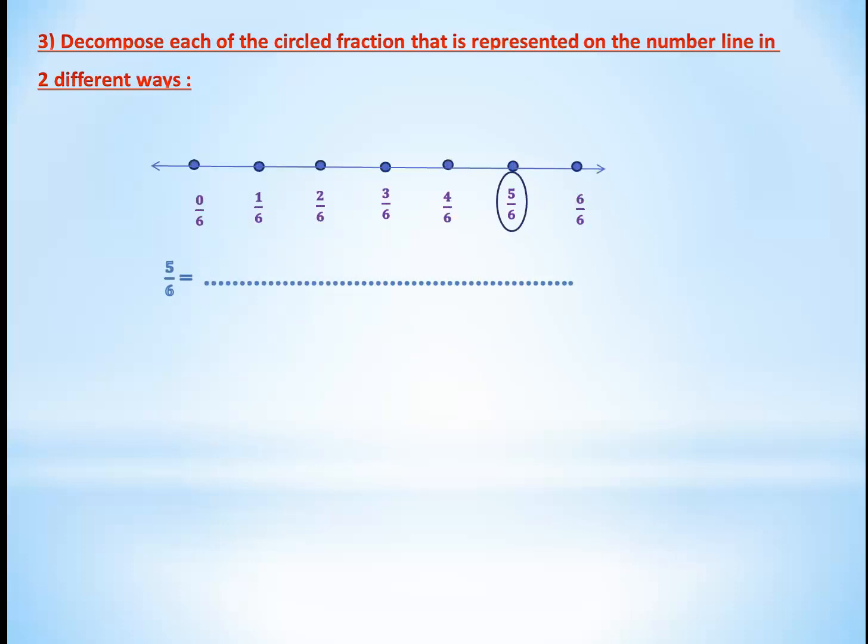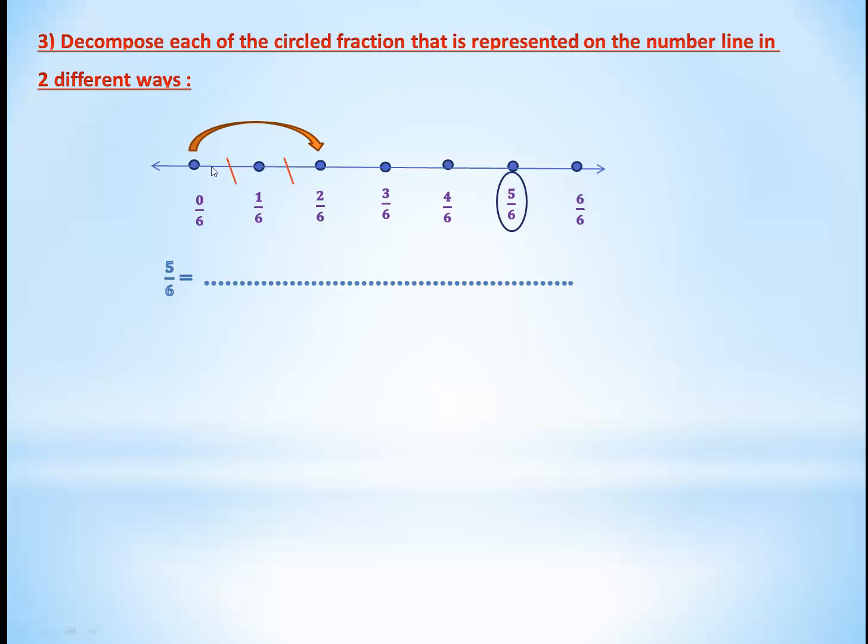Okay, decompose each of the circle fractions that is represented on the number line in 2 different ways. Okay, let's see. Okay, this number line, we want to decompose 5 over 6, so we can make it like this. Okay, here and here 2 sixths, right?